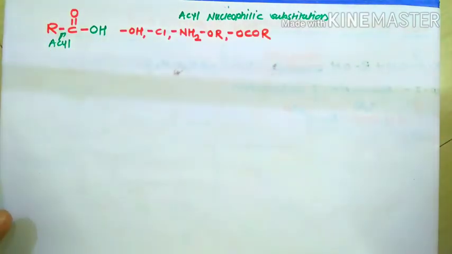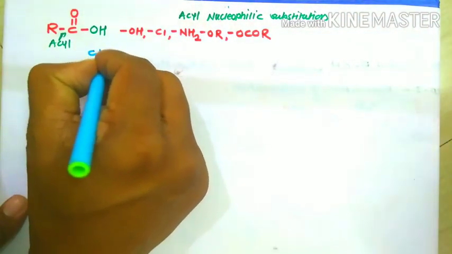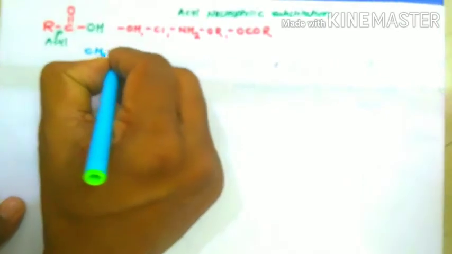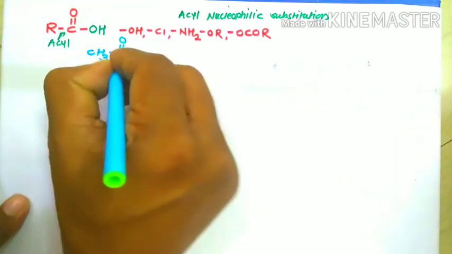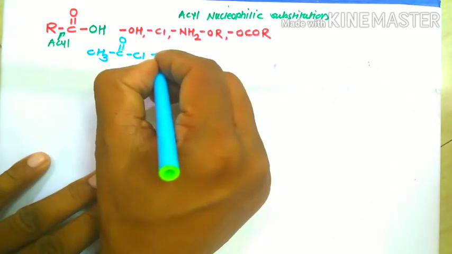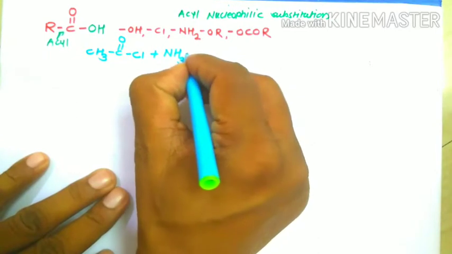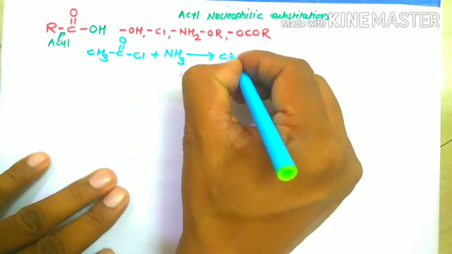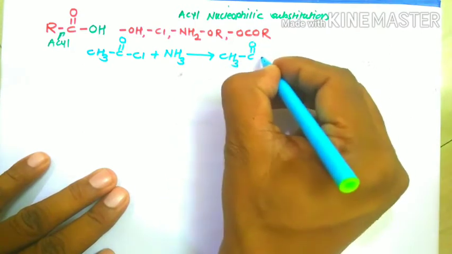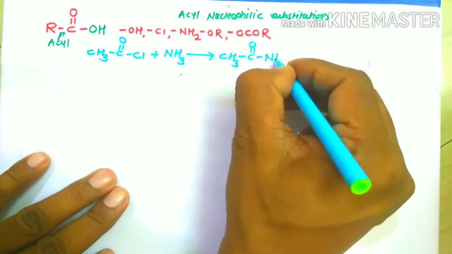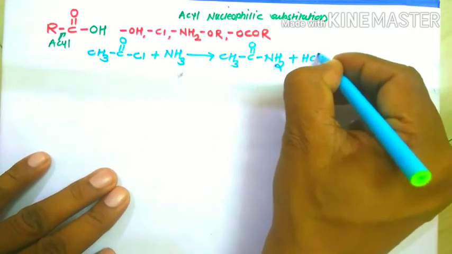For example, suppose CH3 C double bond O Cl, that is acid chloride, reacts in presence of NH3 to form CH3 C double bond O NH2 with elimination of HCl.